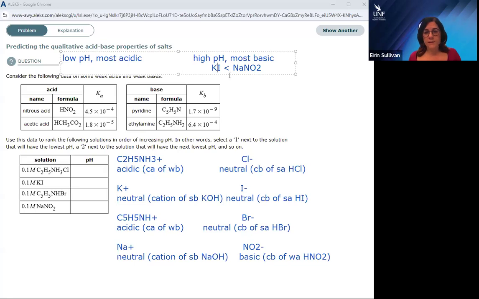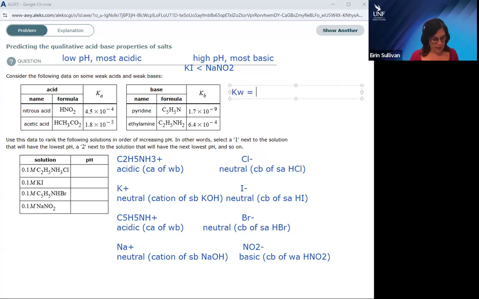And so we have to decide out of our C2H5NH3Cl and our C5H5NHBr, which one is most acidic. So the way you can do that is look at the values of Kb, and we can do this very qualitatively, okay? Because Kw, the ionic product for water, is found by multiplying Ka times Kb, okay?